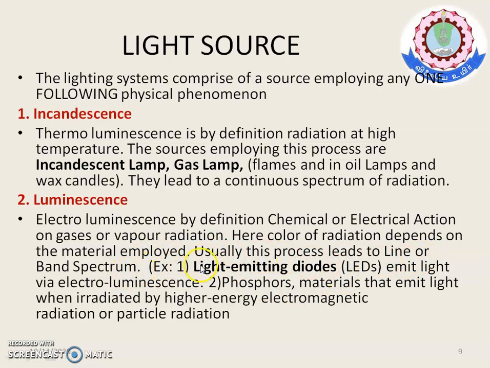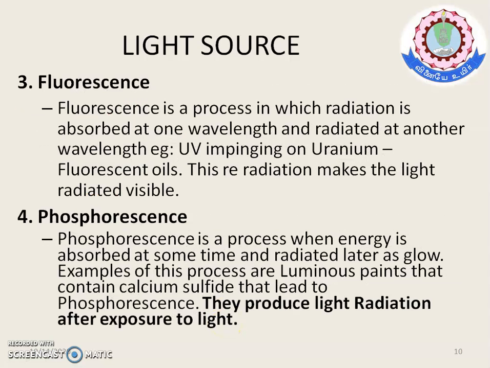Here you can see light emitting diodes as an example, which emit light via electroluminescence, that is electrical or chemical action. Also phosphorus material emits light when irradiated by high energy electromagnetic radiation or particle radiation. These are the examples for luminescence.